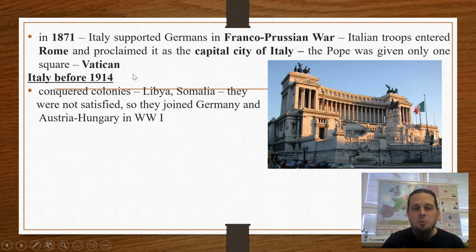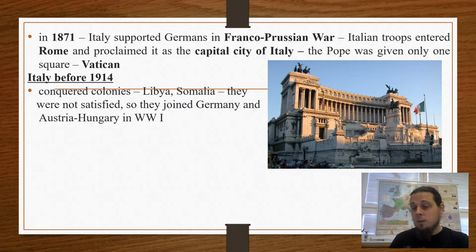As for Italy before 1914, they managed to conquer new colonies in Africa. For them, that was Libya, one of the richest countries thanks to oil in Africa, but also Somalia. Just like Germans, they weren't very satisfied with this, so they later joined Germany and the Austro-Hungarian Empire in the First World War, which was not very successful for them, despite later joining again the Entente powers.